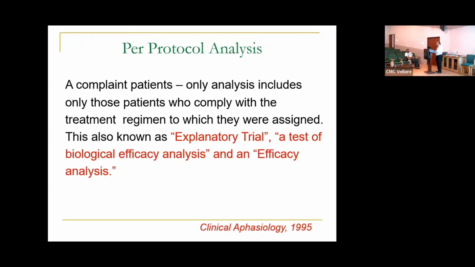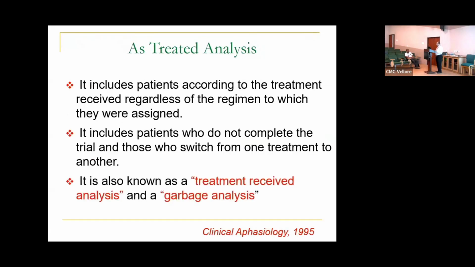Now, how am I going to do these two methods when I have dropout data in my analysis? As treated: for example, if I am allocated to treatment intervention A, but I receive intervention B, therefore I am put in the group where people received intervention B, even though I was entitled to A. For various reasons, doctors put me in intervention B, so I am in intervention B. Therefore, this is called as treated analysis or garbage analysis.